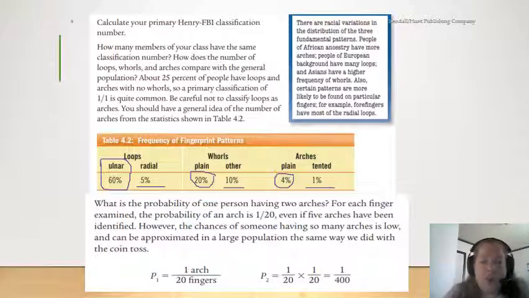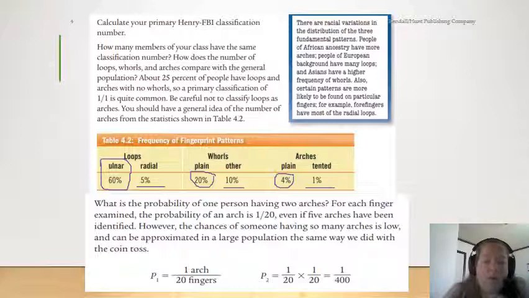So what is the probability of one person having 2 arches? For each finger examined, it would be 1 finger out of 20. Even if 5 arches have been identified, the chances of someone having so many arches is low.